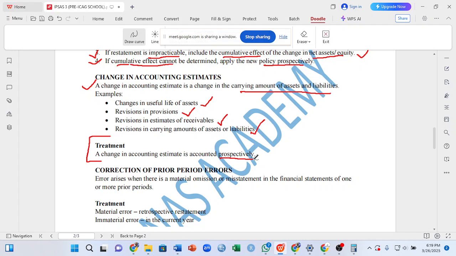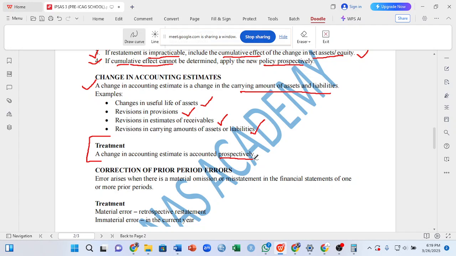Let me illustrate the meaning of prospectively. Say you are dealing with an asset that has a useful life of 10 years, and you revise it to 5 years. And you say the change occurred at the end of year two.